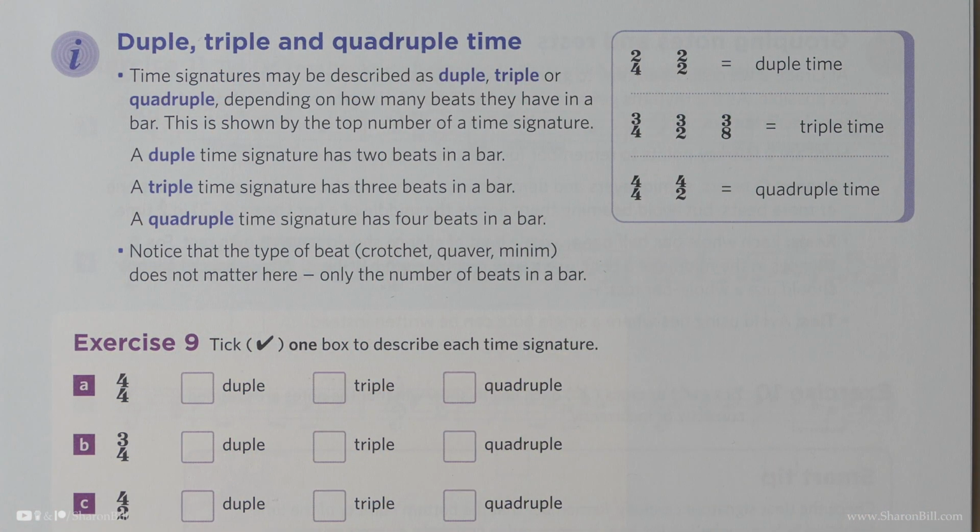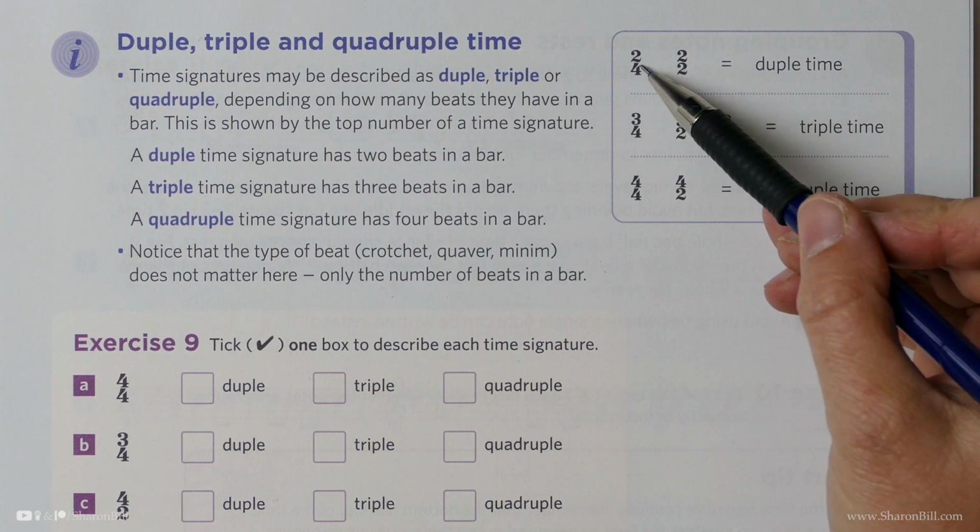Moving on now, in the Grade 3 Discovering Music Theory workbook, we move on to page 7, still discussing the topic of rhythm. And between grades 1, 2 and 3 we've covered quite a lot of time signatures. However, they can be divided very simply into groups, showing where there are 2 beats per bar, 3 beats per bar or 4 beats per bar, regardless of what unit beat we're counting in.